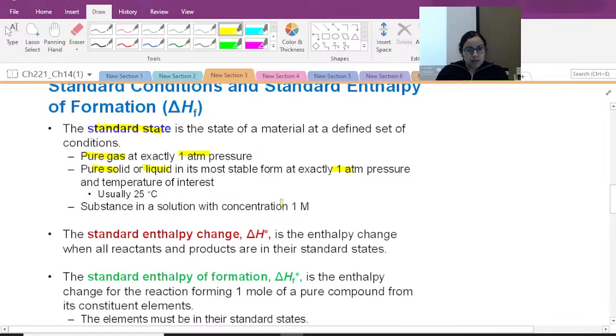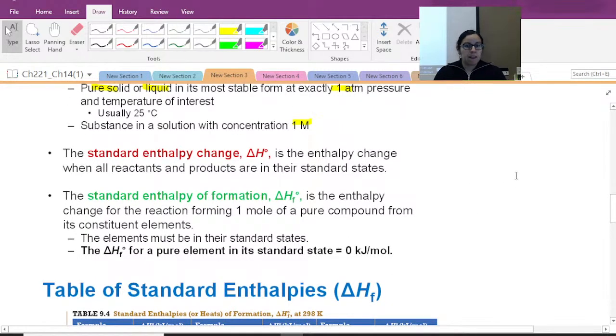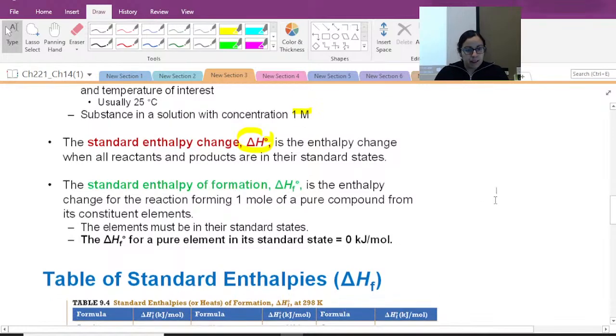And then our standard concentration is 1 molarity. And then, of course, our standard enthalpy change, this delta H with our little dot here, is just our enthalpy change when reactants and products are in their standard states.